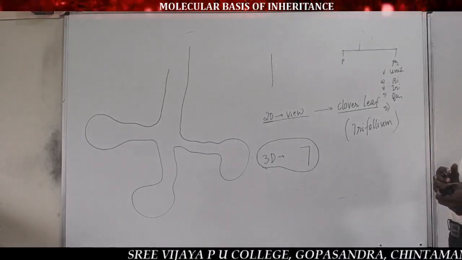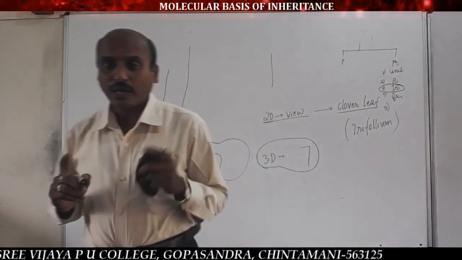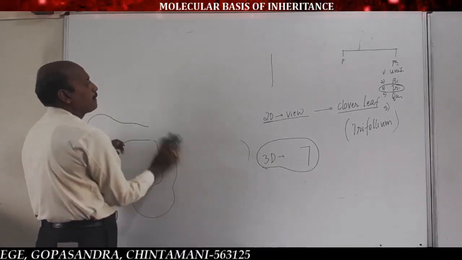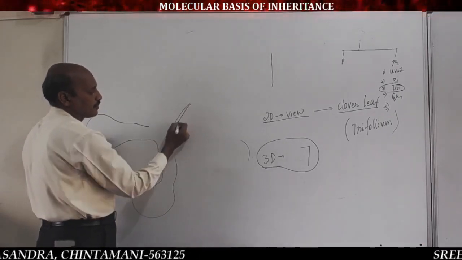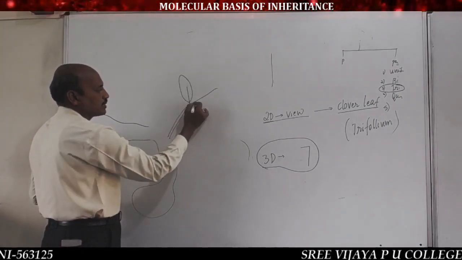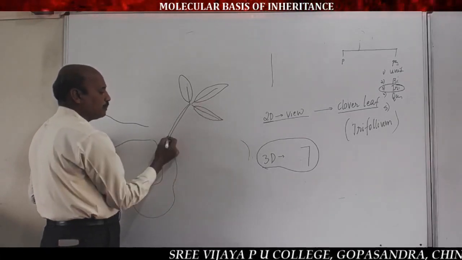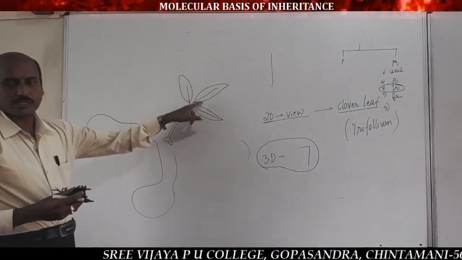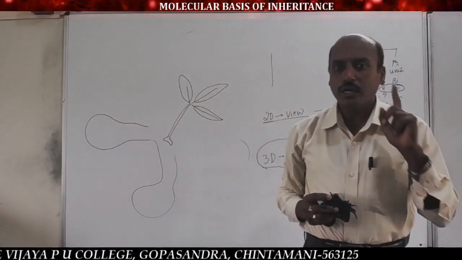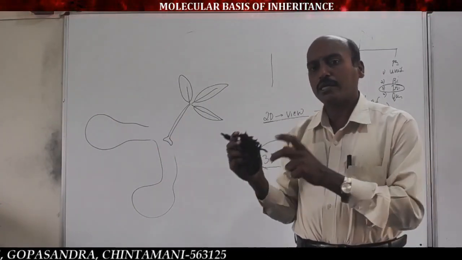In a trifoliate compound leaf, the petiole ends with 3 leaflets. Like that, the single-stranded chain of tRNA in two-dimensional view appears like a trifoliate compound leaf.